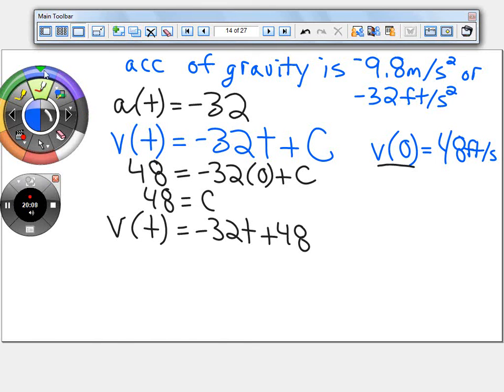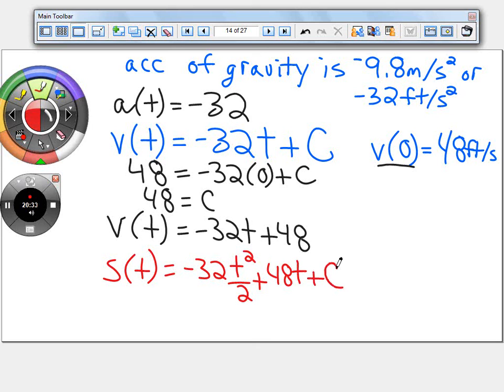Well, if you want to find the position function, then you just have to find the antiderivative of velocity. So that's usually s of t. So s of t equals, and we would just find the antiderivative of that. So that would be negative 32, and then it would be t squared divided by 2 plus 48t plus some arbitrary constant. Well, I think they told us the position of the ball at 0 time.